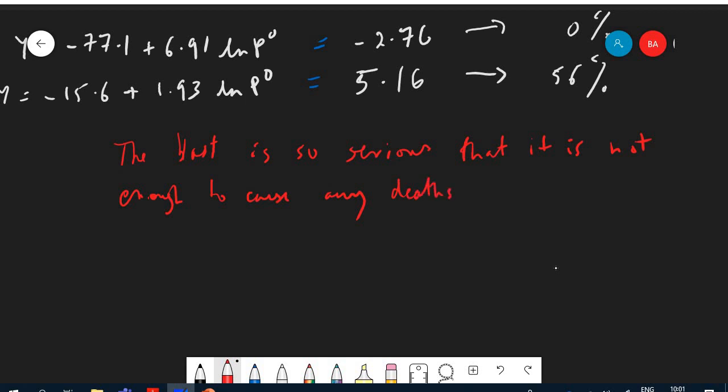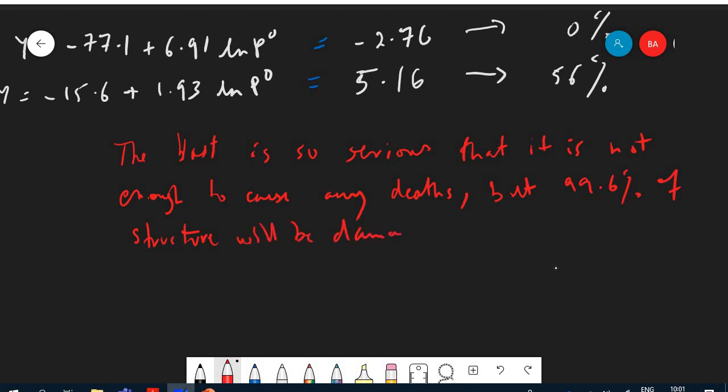There are no deaths at all. But what about the structure damage? 99.6% of the structure will be damaged.